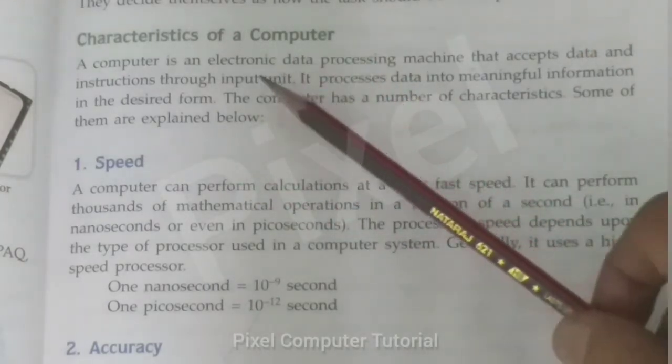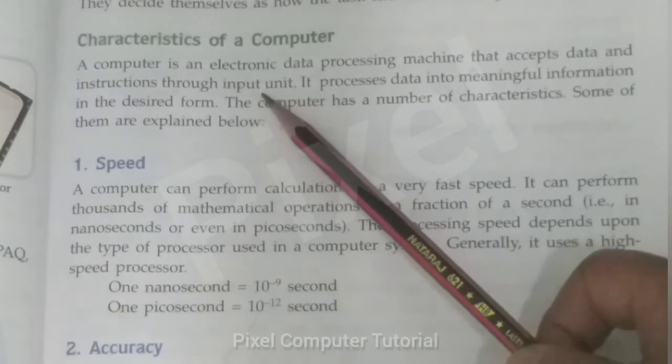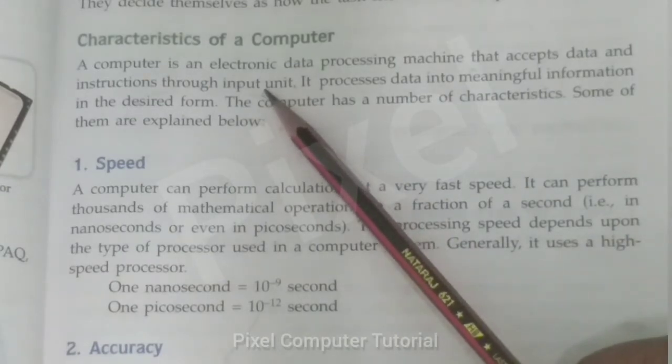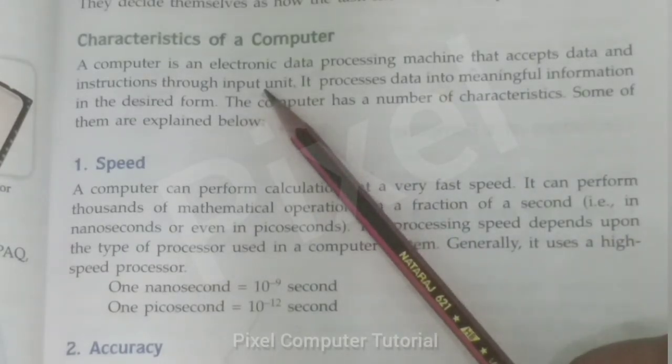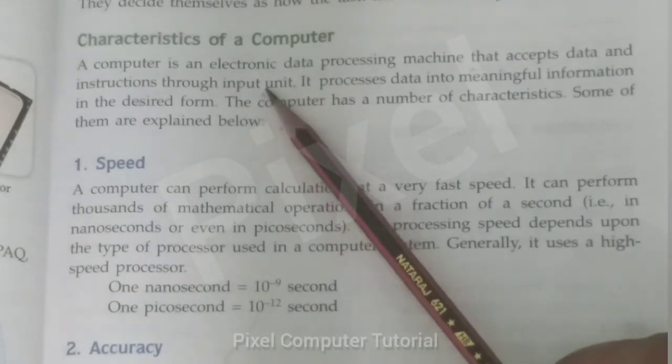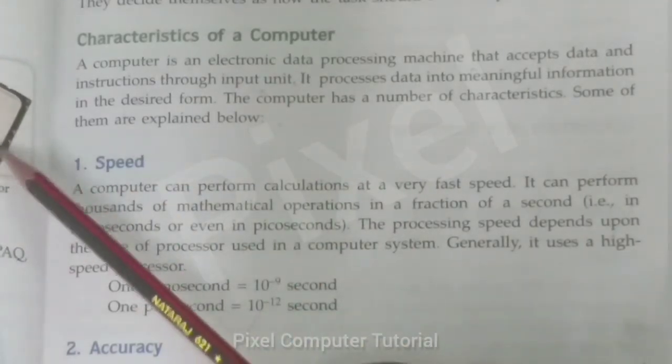The input device which I'm talking about is the keyboard, mouse, joystick, microphone. Any of these is an input device. So when you give some instruction, this instruction goes into the processor.